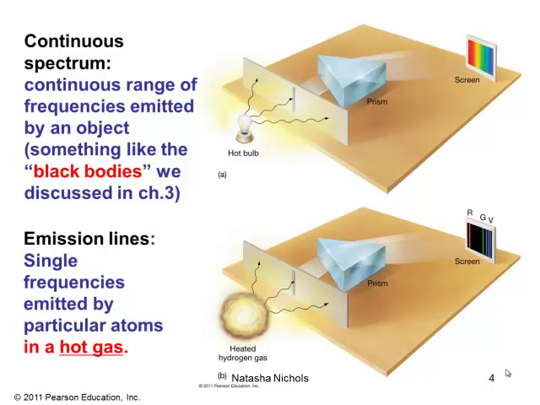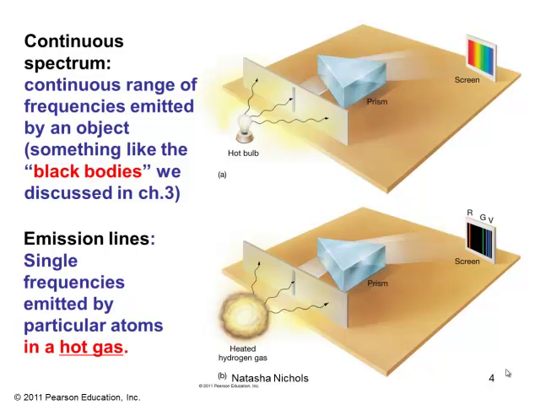On frame B, on the other hand, we see light from an excited hydrogen gas, a heated hydrogen gas, that goes through the similar arrangement of a slit and a prism. But what we end up seeing on the screen instead is a series of distinct bright spectral lines, which are called emission lines.